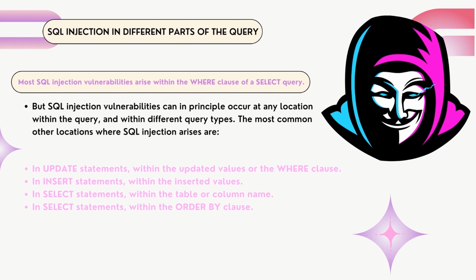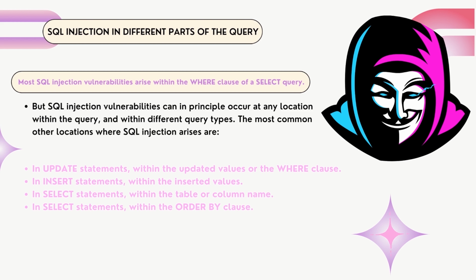Now we will discuss SQL injection in different parts of the query. So mostly the SQL injection vulnerabilities arise within the where clause of a select query, but it can also arise in other locations. So the most common locations where SQL injection arises are: the first one is in update statements.